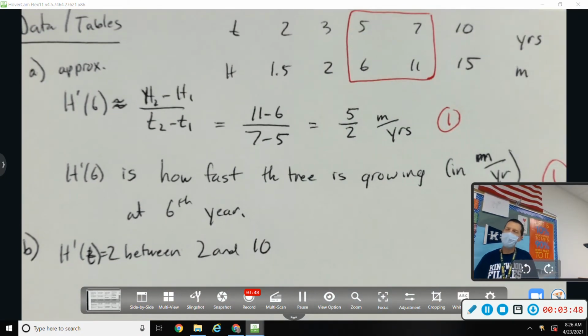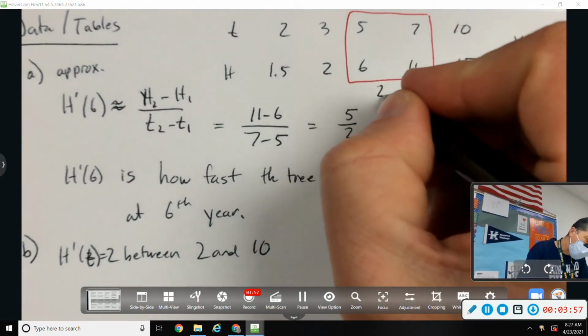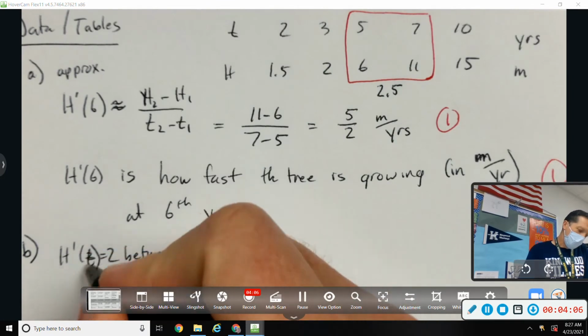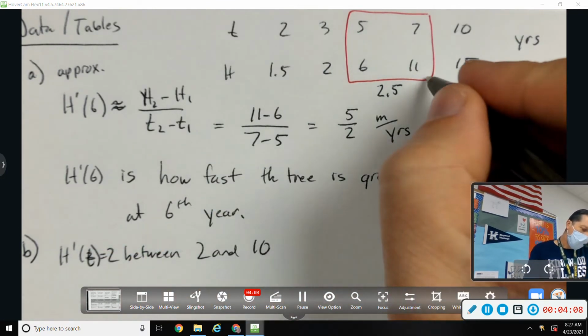Any thoughts on that one? Well, this slope was 2.5. Maybe we find all the slopes and see what we learn? Because we're saying the slope is equal to 2 sometime in there.